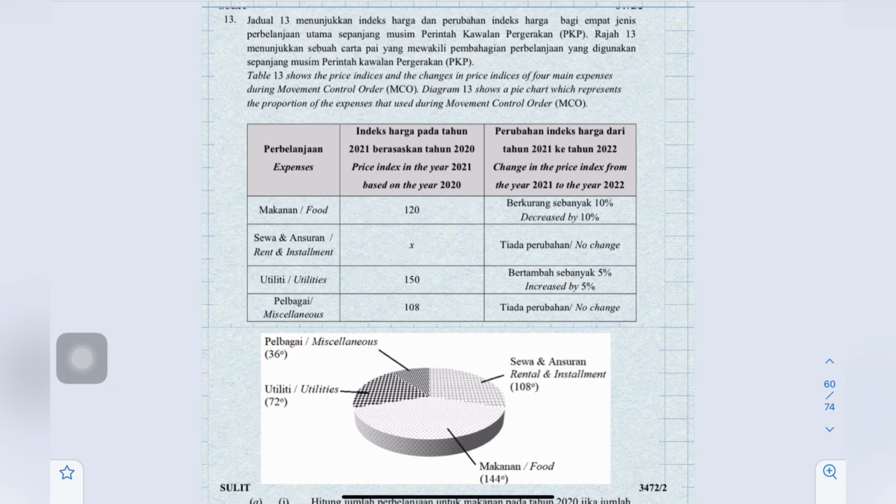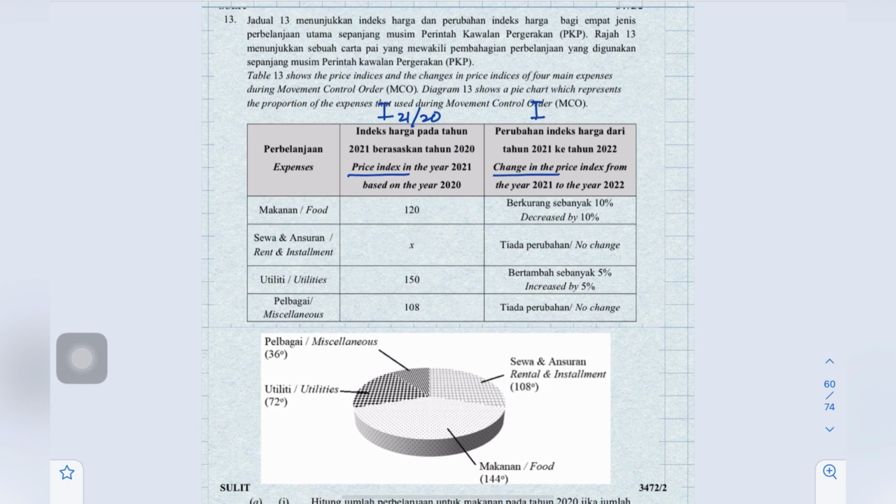Number 13. Table 13 shows the price indices and the changes in price indices of four main expenses during MCO. Diagram 13 shows a pie chart which represents the proportion of the expenses that used during MCO. Okay, so now from the table, price index is I 21 base 20. So the next one, change in price index.